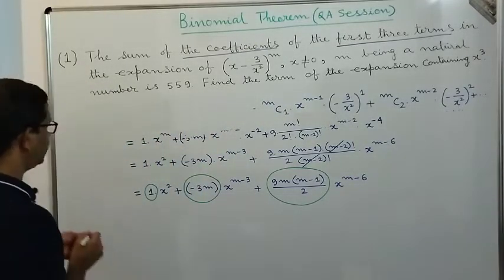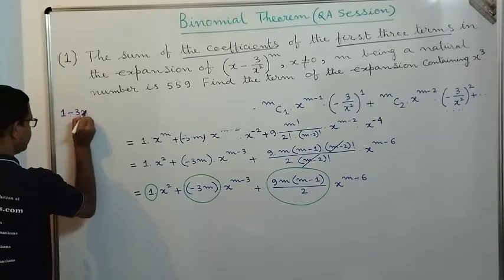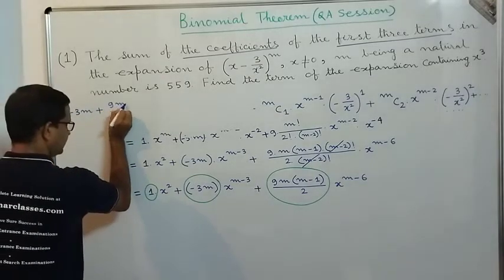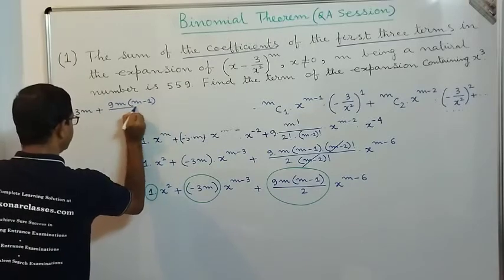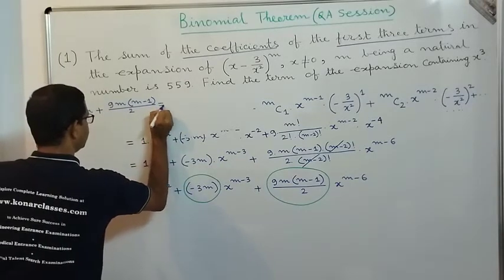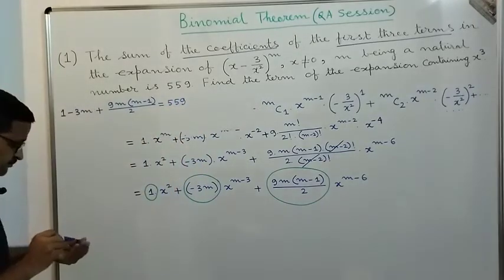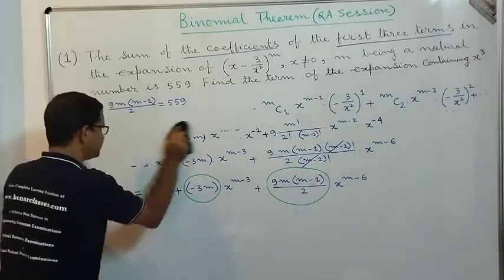So what we get here is 1 minus 3m plus 9m into m minus 1 divided by 2 is equal to 559. Now if you see, dear students, this is a quadratic equation in m.